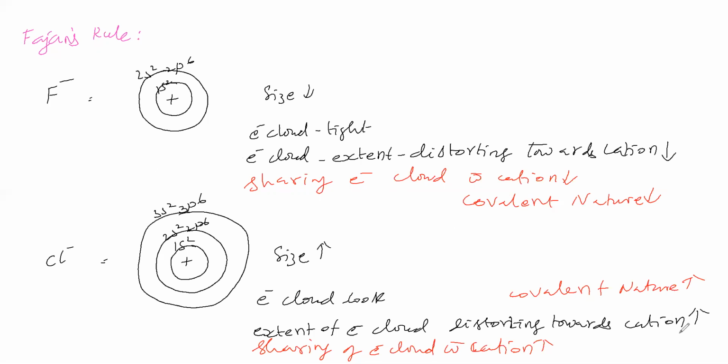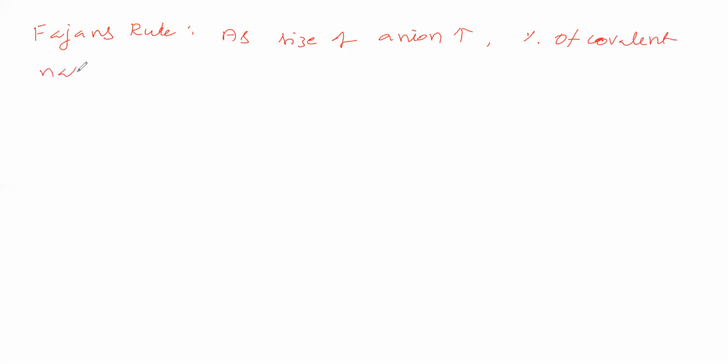So what does Fajans say? What is the Fajans rule? As per Fajans rule, as the size of the anion increases, the percentage of covalent nature increases. This is Fajans rule.